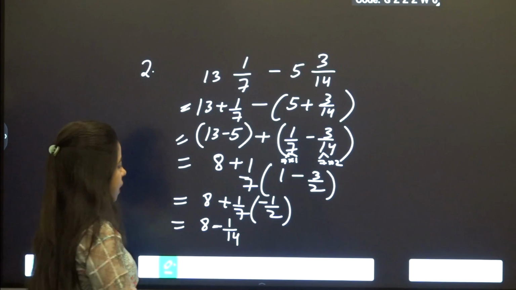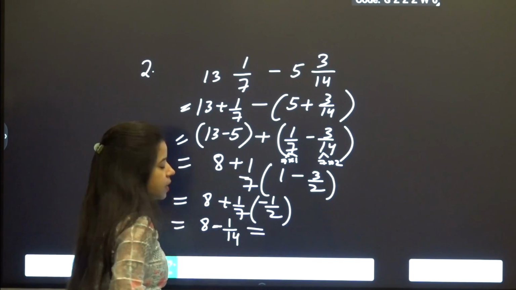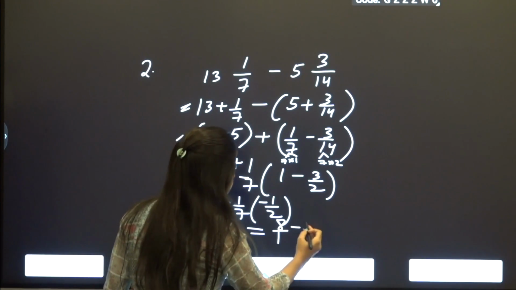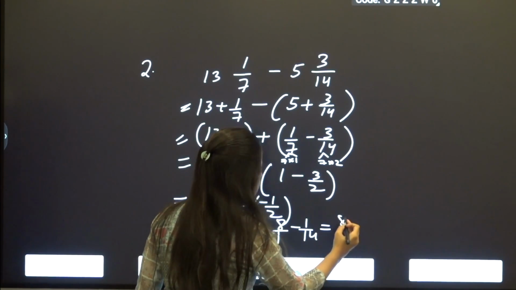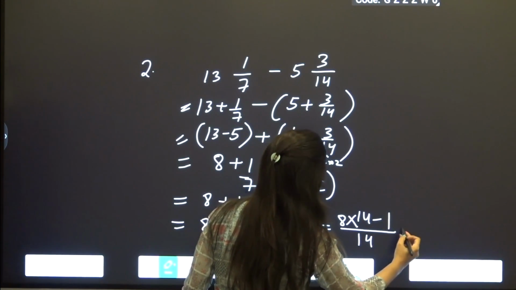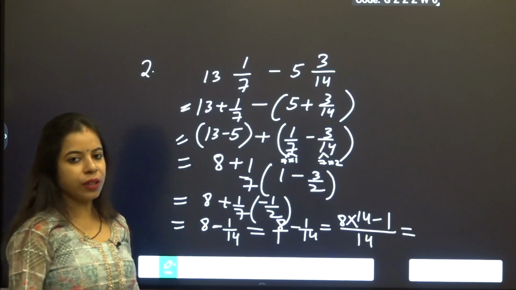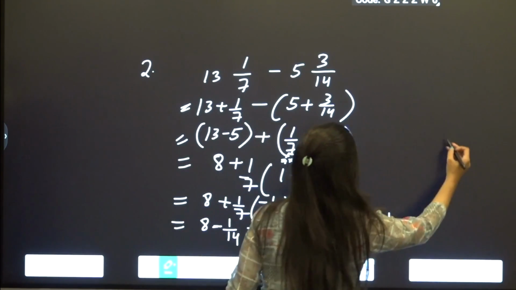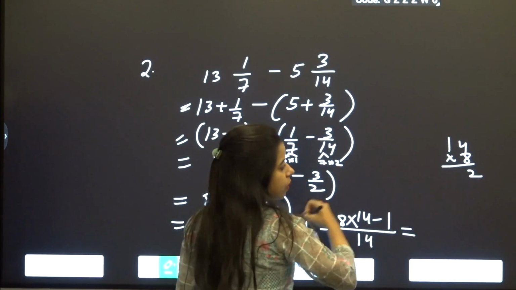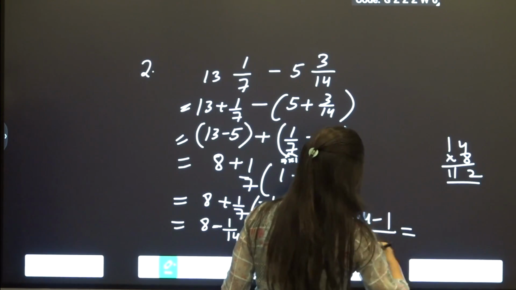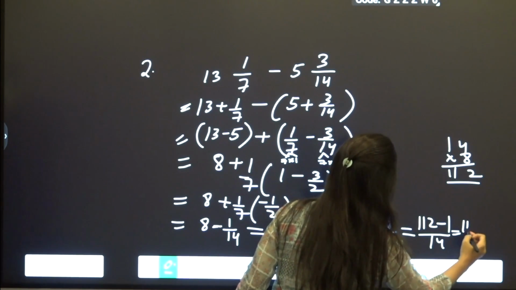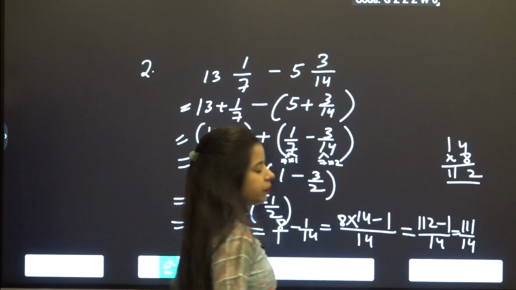Okay, and again this can be written as, see, 8 can be written as 8 by 1 minus 1 by 14. So this will be 8 into 14 minus 1 upon 14 and 14 into 8 is basically 112. So 112 minus 1 upon 14 which is 111 upon 14.